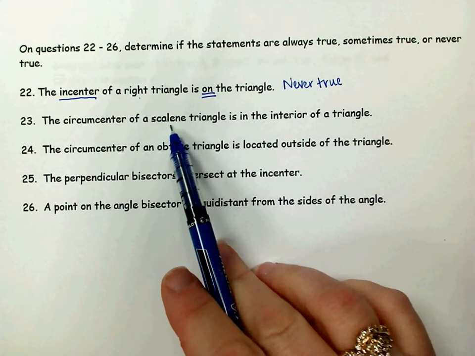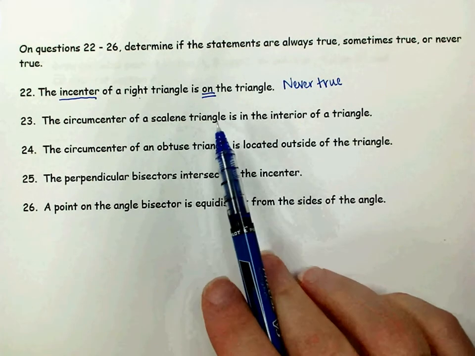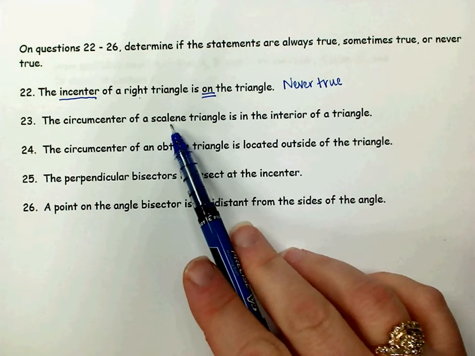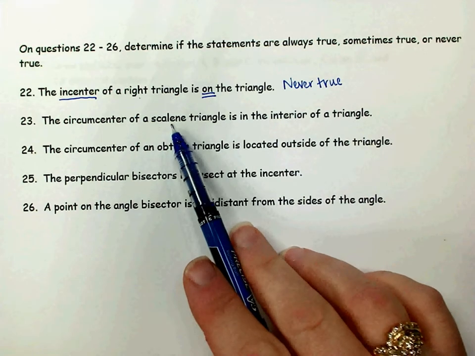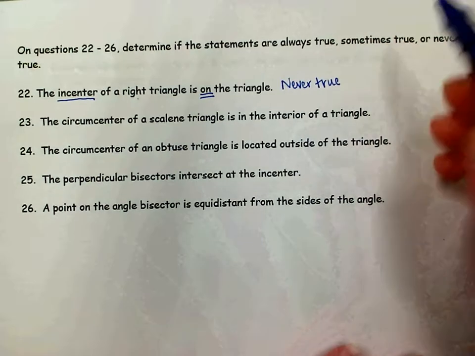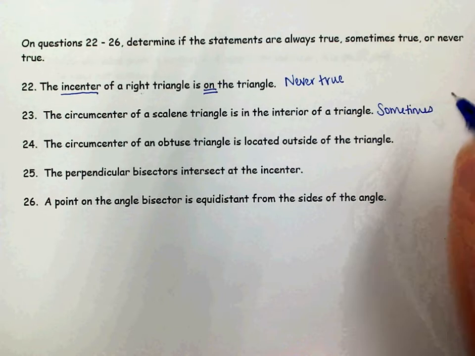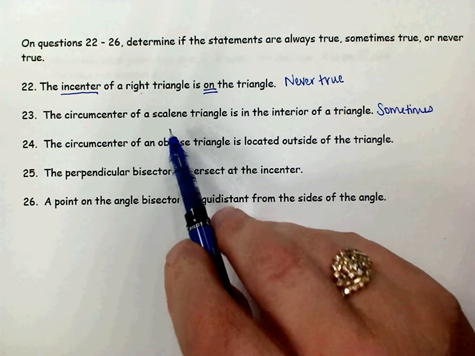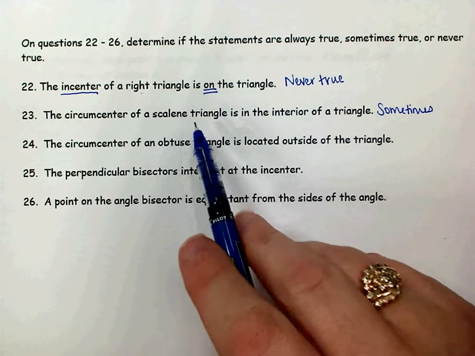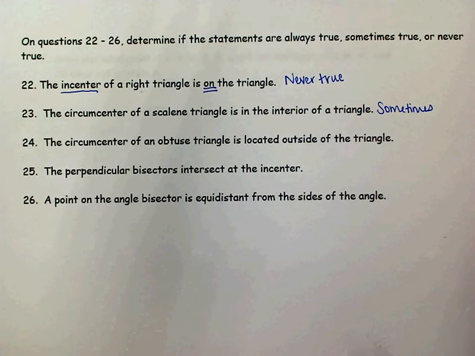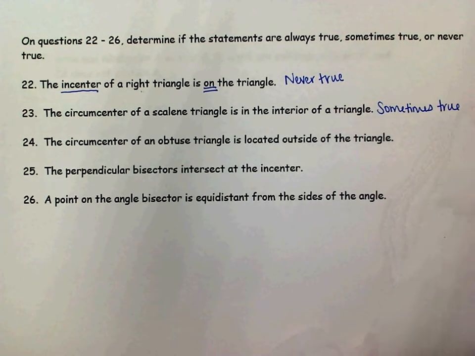Some scalene triangles are going to be acute, but they don't have to be. You can have scalene right triangles, and scalene obtuse triangles. So this is going to be sometimes true. If it was a scalene right, it would be on the triangle. If it was a scalene obtuse, it would be outside. So the circumcenter is not always going to be inside. Sometimes true, sorry.